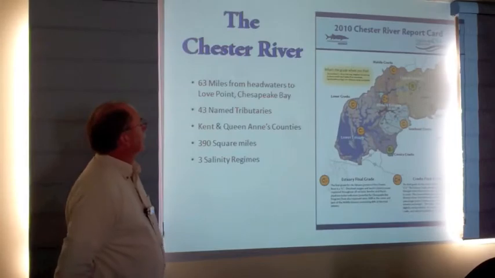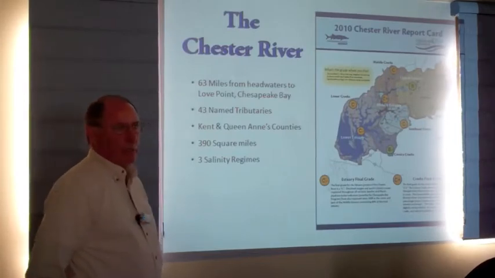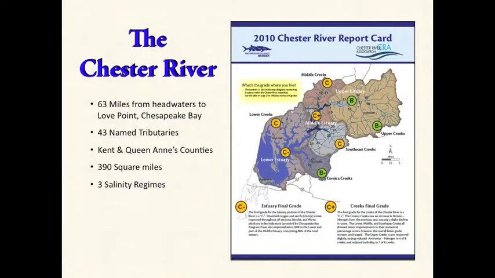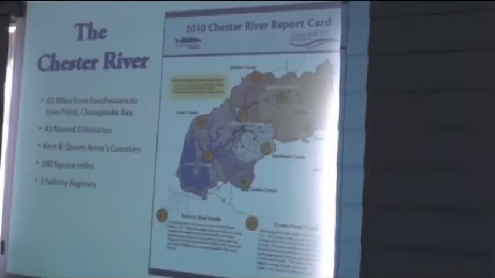What I'd like to cover first is just a little information about the Chester River. It's 63 miles in length from the headwaters in Delaware to Love Point in the Chesapeake Bay. There are 43 named tributaries. Two counties border each side, Kent and Queen Anne's counties.